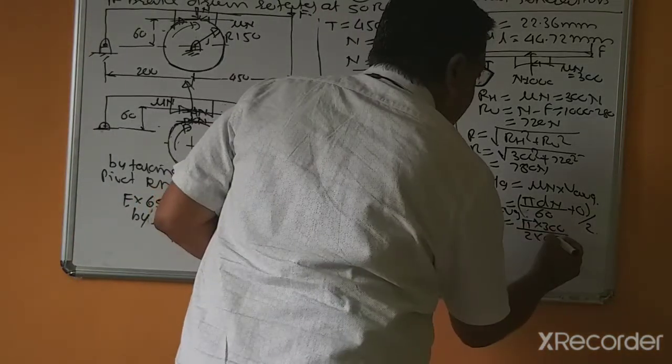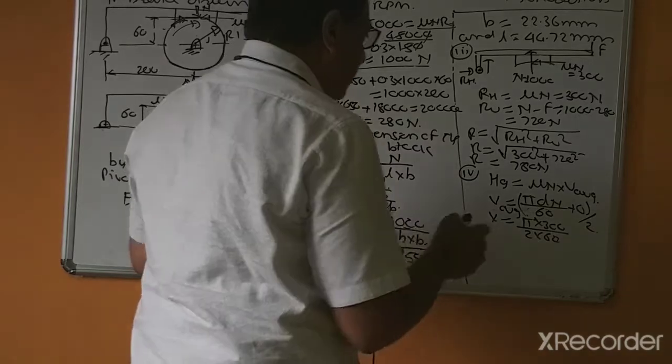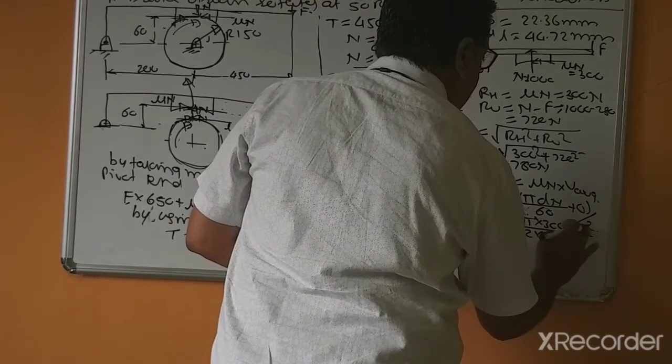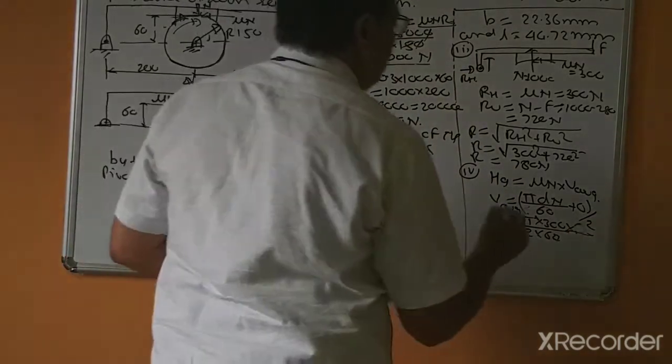Divided by 60, N is the RPM, N equals 50.